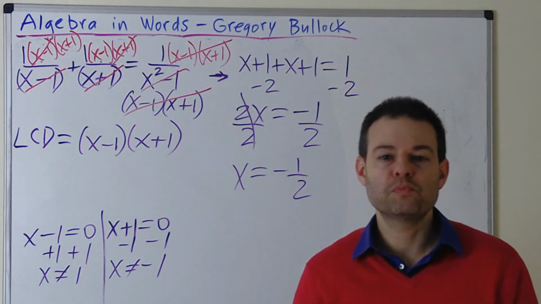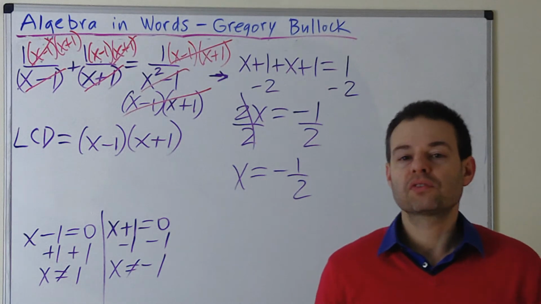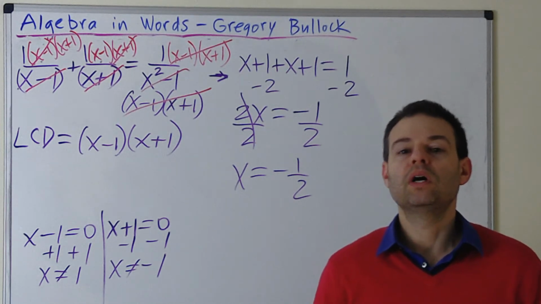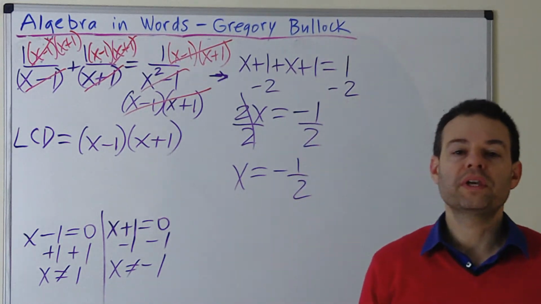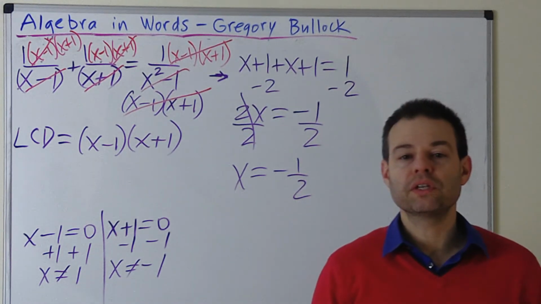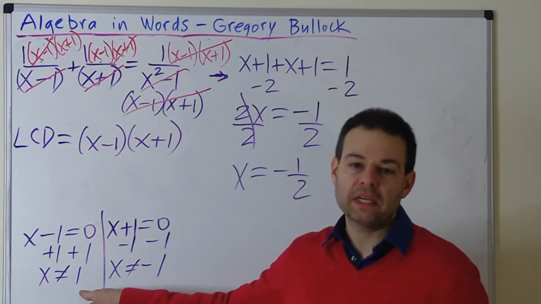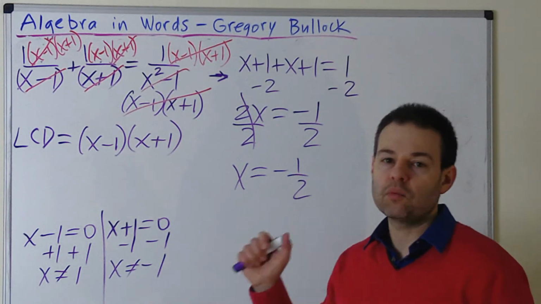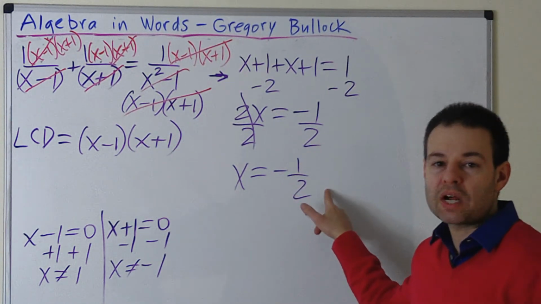So the question is, before we circle our answer, x equals negative 1/2, can we circle that? Is that a valid answer? Well, to know that, we have to compare this to what we calculated as the extraneous solutions in the beginning. And here we had x cannot be 1 and negative 1. So does 1 or negative 1 conflict with negative 1/2?